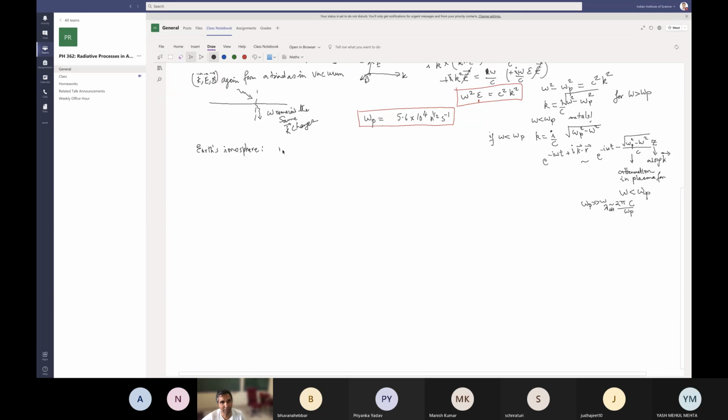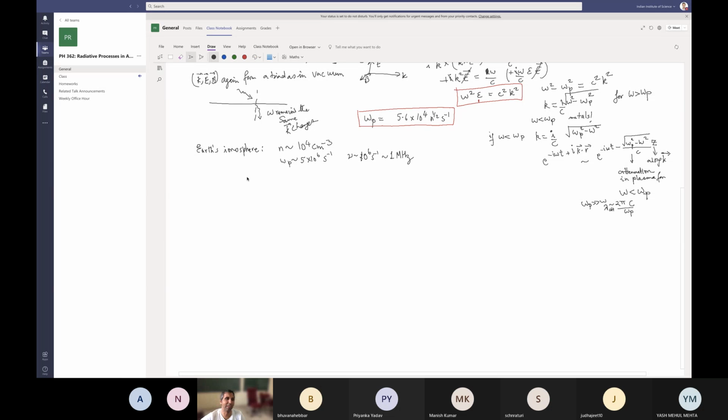Okay, and the number density there is about 10 to the 4 particles per centimeter cube. So what happens to the plasma frequency? So omega p is roughly 5 times 10 to the 6 per second. So the frequency, omega by 2 pi, is about 10 to the 6 per second, which is like a megahertz.